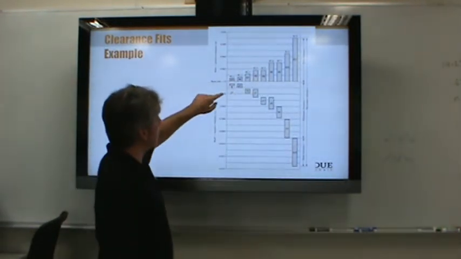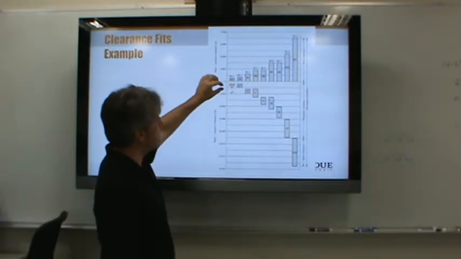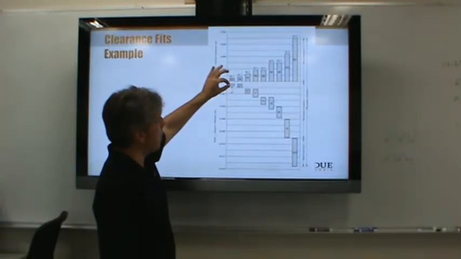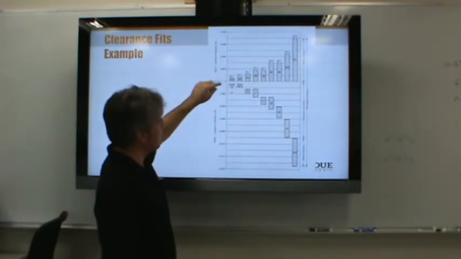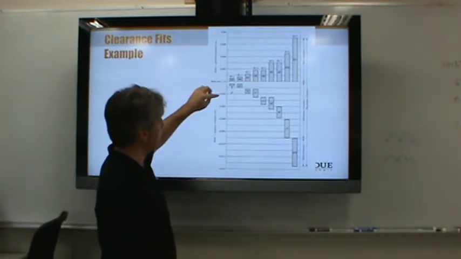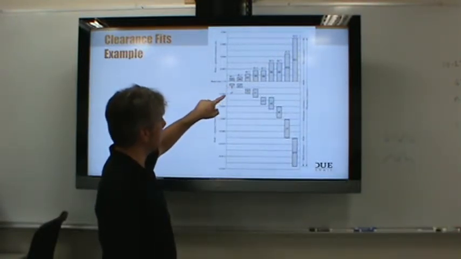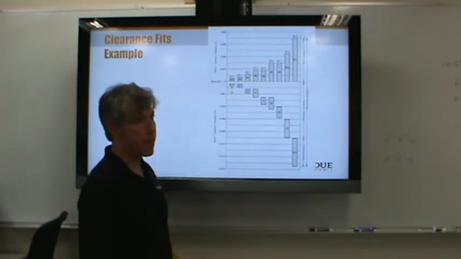But you'll notice that the tolerance zone on the shaft, if you have a very fine, an RC1 fit, is a very small tolerance zone, and it's fairly close to the basic size. But notice that the shaft always has to be undersized. And it looks like, let's see, 4 thousandths, 3, 2, 1. So the tolerance looks like it's a little less than 1 thousandth, down to about a half thousandth or so.